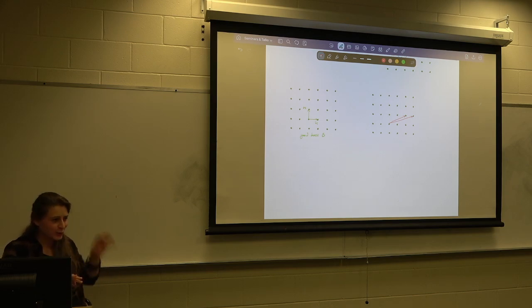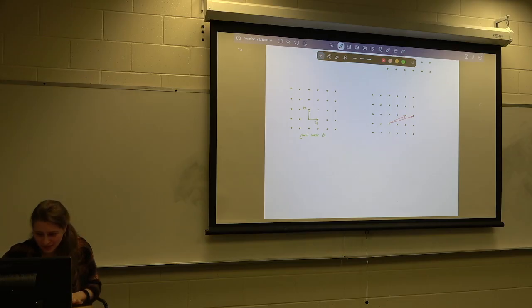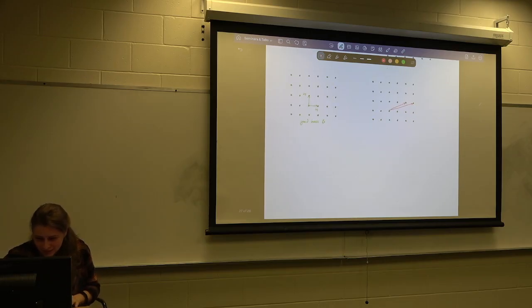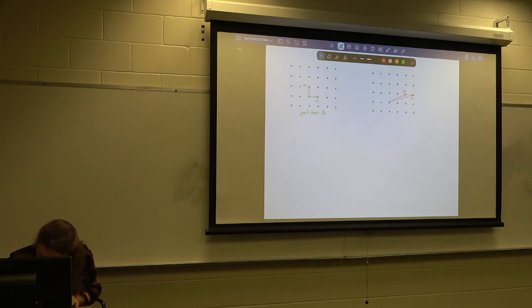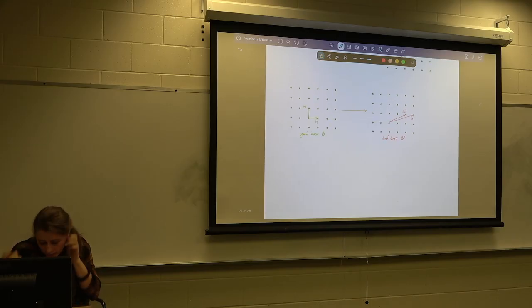I'll explain why these are good and bad bases later. It all relies on algorithms we have for solving these problems. So let's say I have this basis, B1 prime and B2 prime for this. And I can say that in order to go from one to the other, I just need to apply this unimodular transformation.